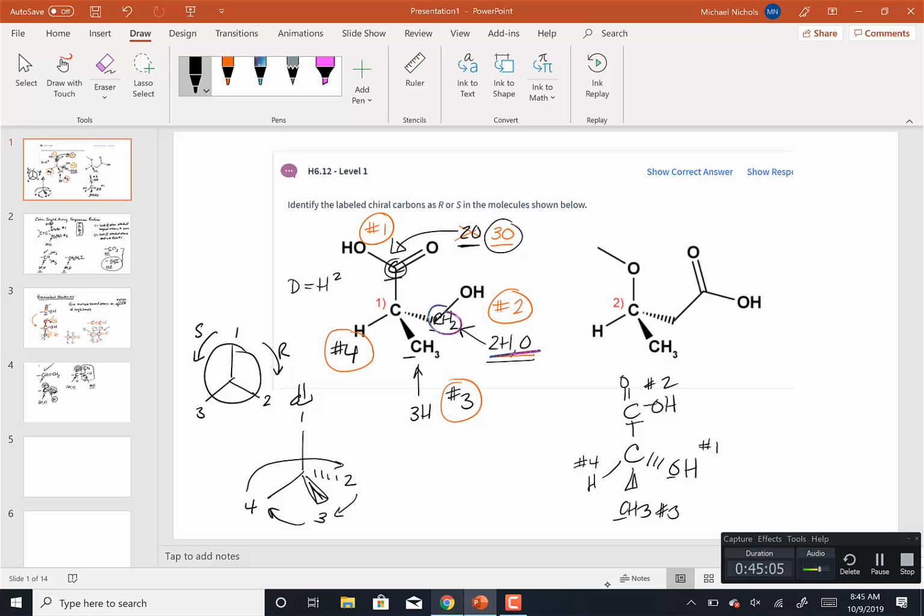So I'm going to grab my top molecule, and I'm going to rotate it. And if I do that, number 1 never moved. 4 came over where 2 is. 2 came where 3 is. 3 went where 4 is.